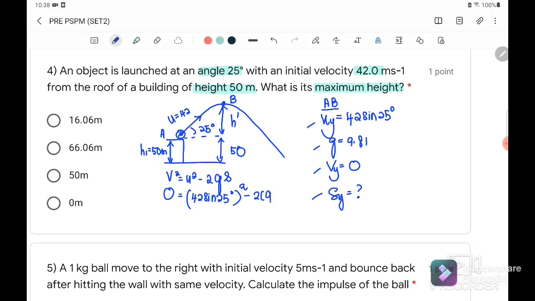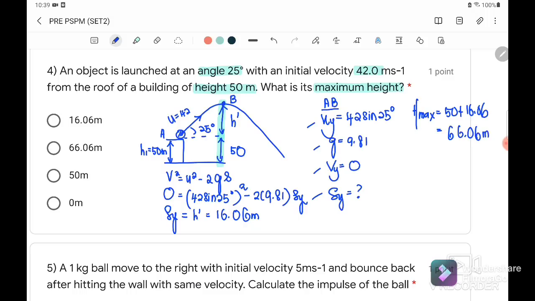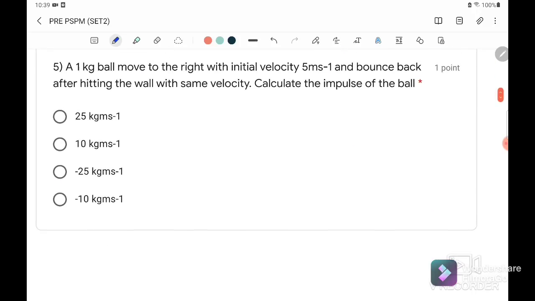Using the calculator, sy, which is h prime, is 16.06 meters. But the question asks for the maximum height, which is 50 plus h prime. So h maximum is 50 plus 16.06, therefore the answer is 66.06 meters. So the answer is B.